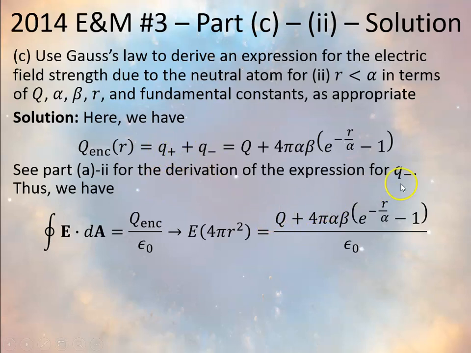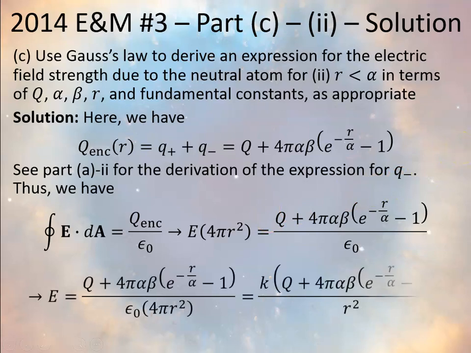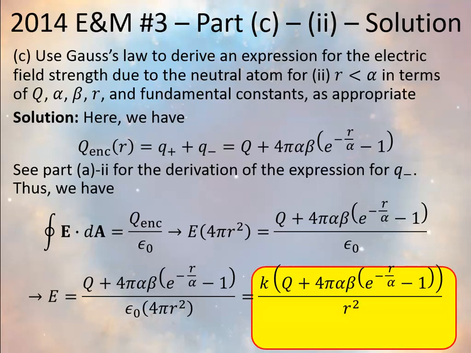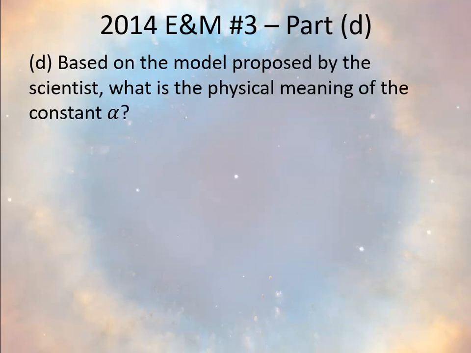If you forgot to do that, that would be real bad. So in any case, divide both sides by 4 pi r squared to get E of r, and then we get our result here.